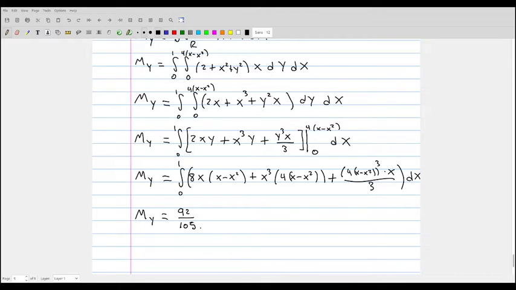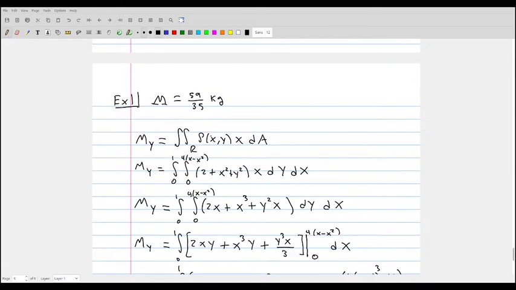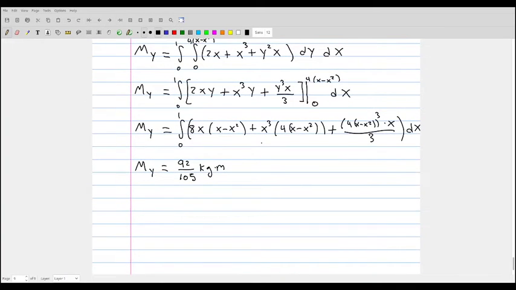This has units of kilograms times meters, because the mass density function has units of kilograms per meter squared, dA has units of meters squared, and x has units of meters. So that's the correct units for the moment.